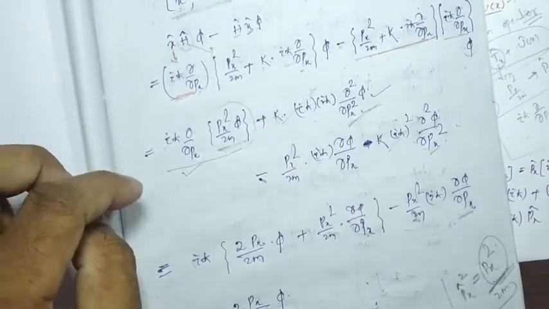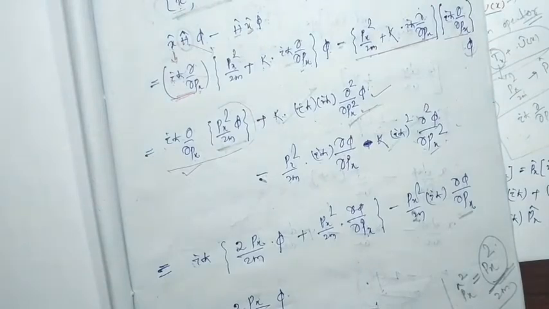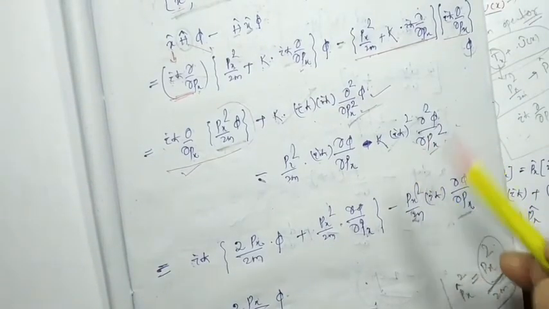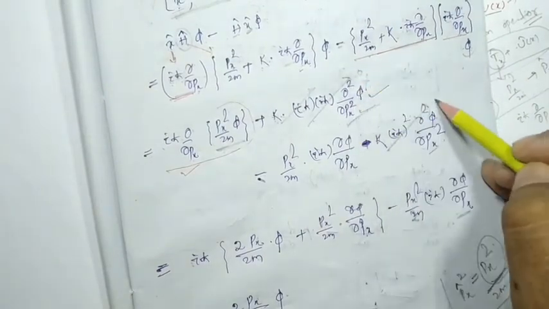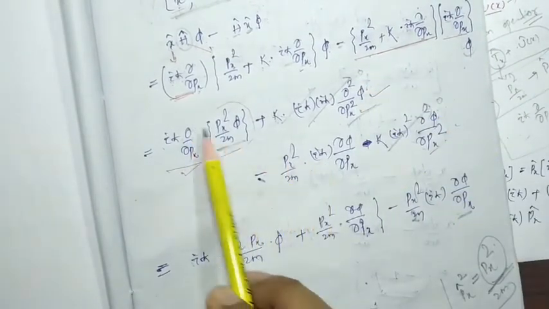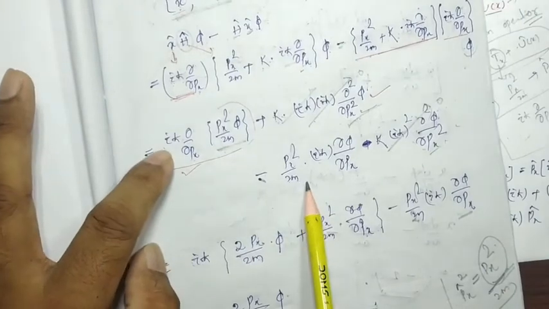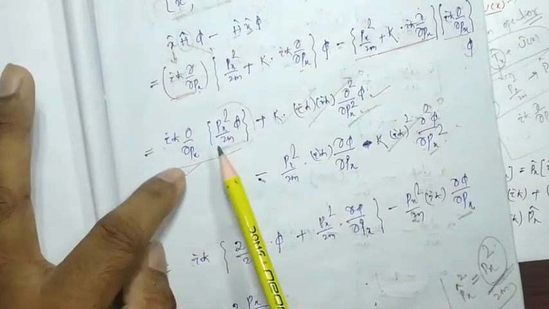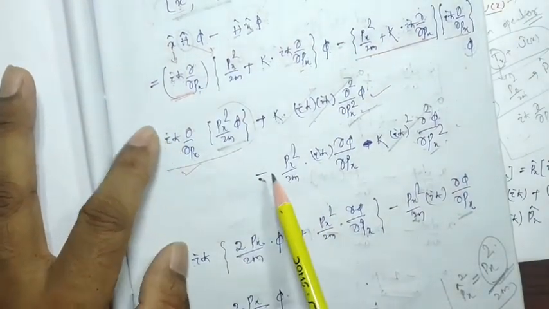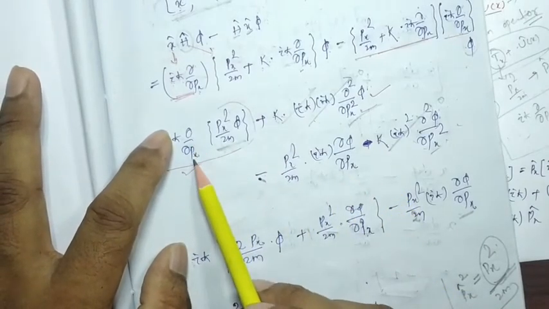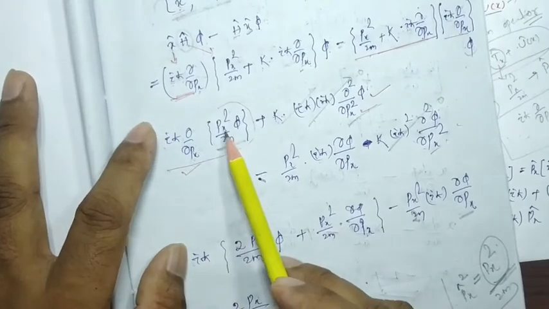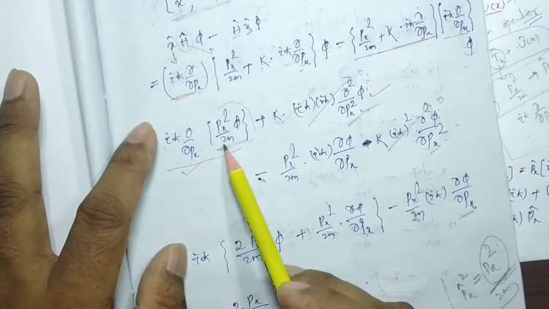So here you can see that this term and this term are both equal and can be cancelled out, and for these two terms you can take iħ common, so you get ∂/∂px of px square by 2m phi.